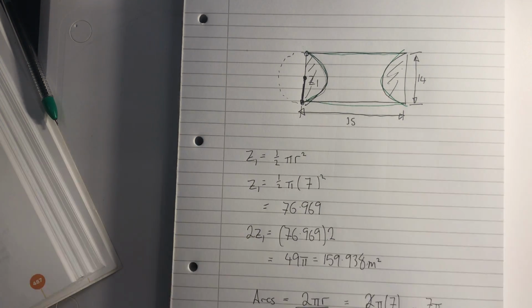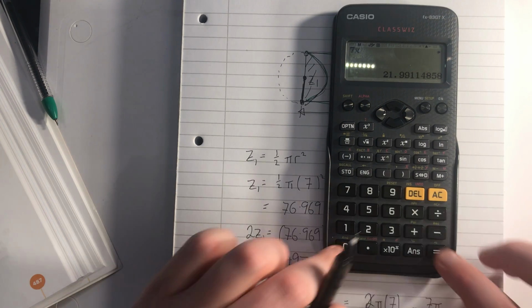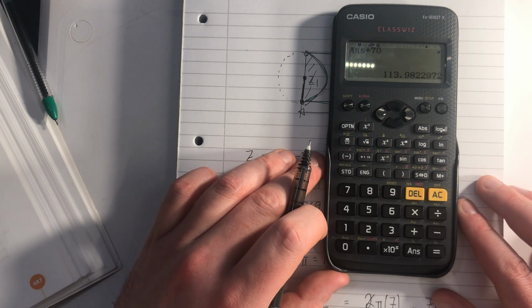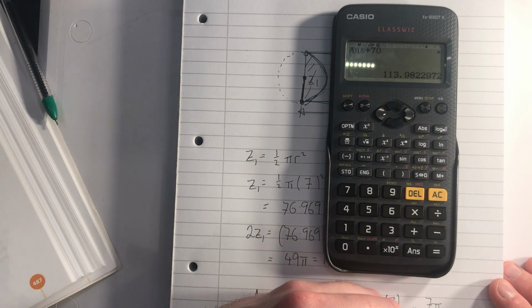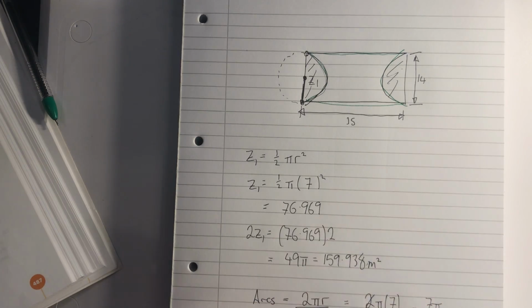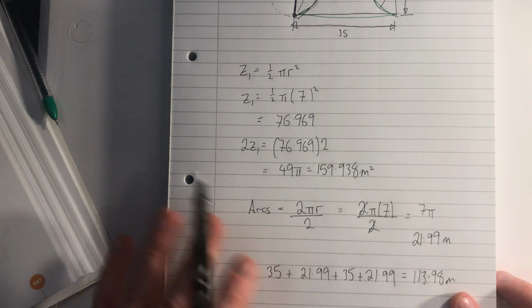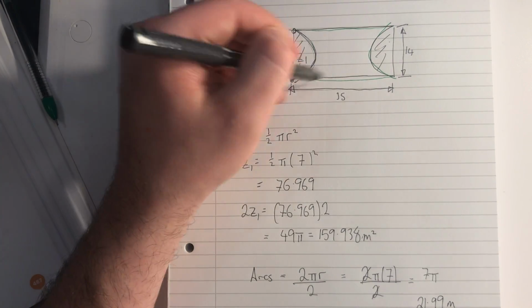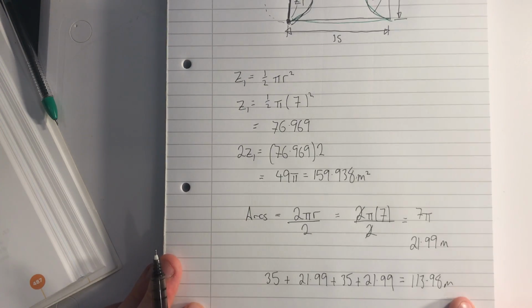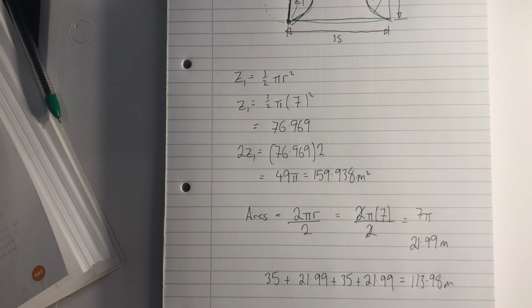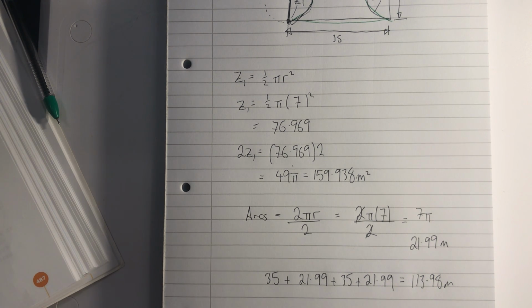And that gives us, multiplied by 2 plus 70, equals 113.98 meters. So we would measure area in meters squared. We're going to measure the distance around the perimeter of the lawn to be 113.98 meters. Okay, so that should be okay with that.